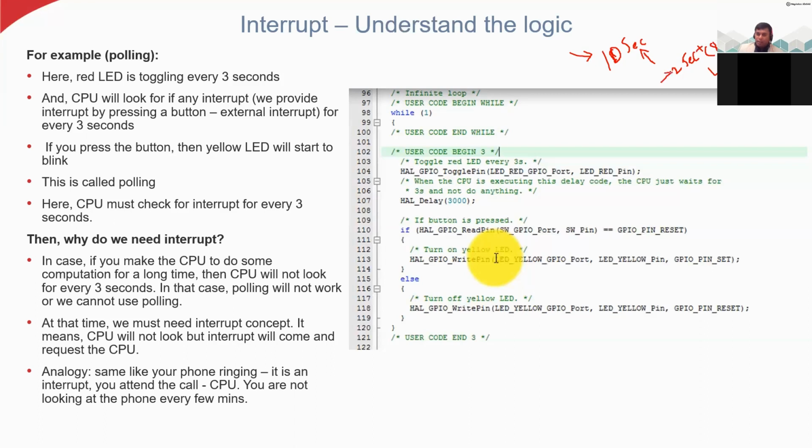At 2 seconds, I press the button. So the LED will not be on immediately. I need to wait 8 seconds. After 8 seconds, the CPU comes and checks. Okay, so there is an interrupt. Someone pressed the button. It doesn't care who pressed, but it gets the interrupt. So then it will process that interrupt and then it will turn on the LED.